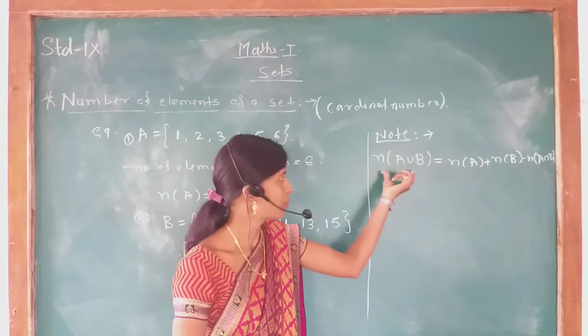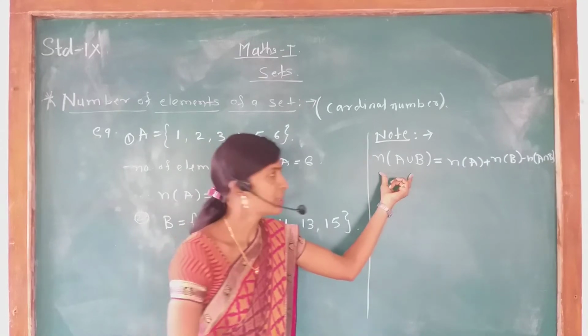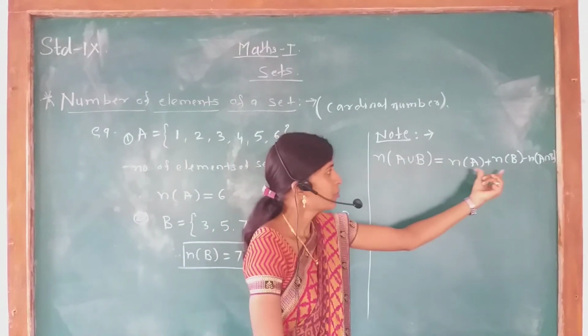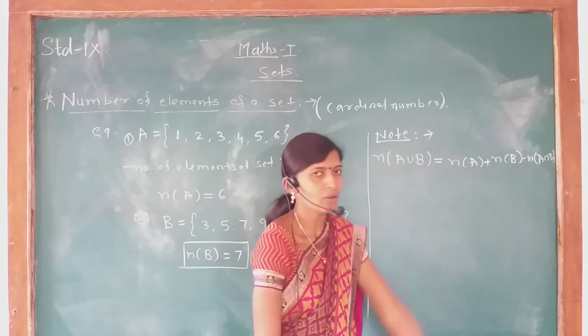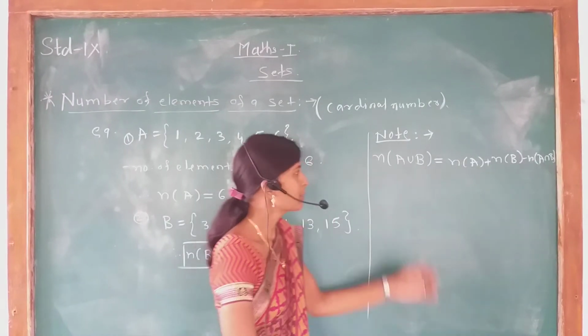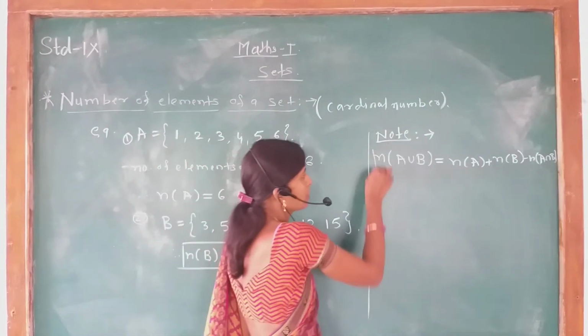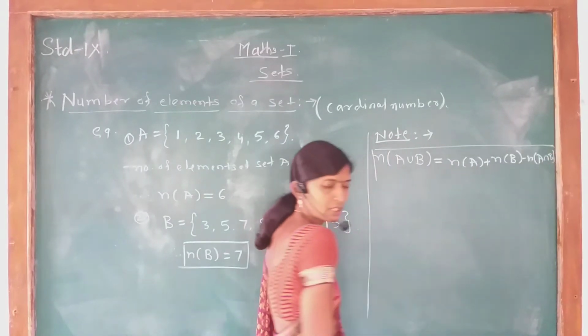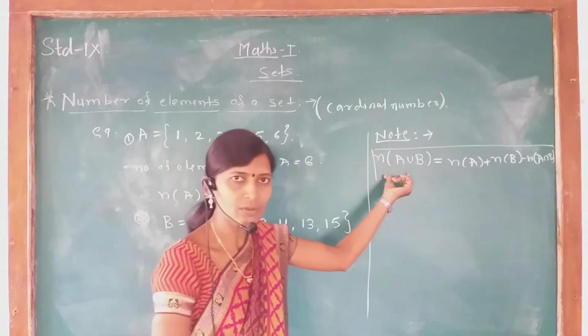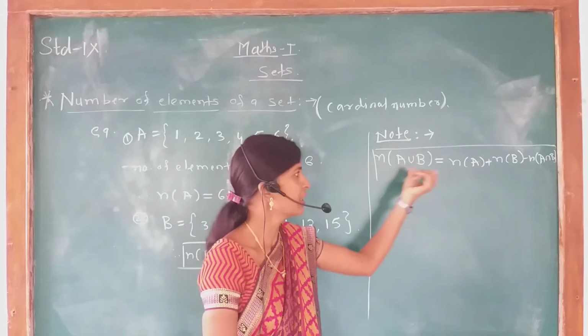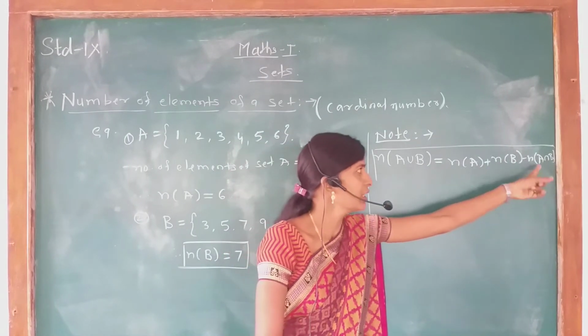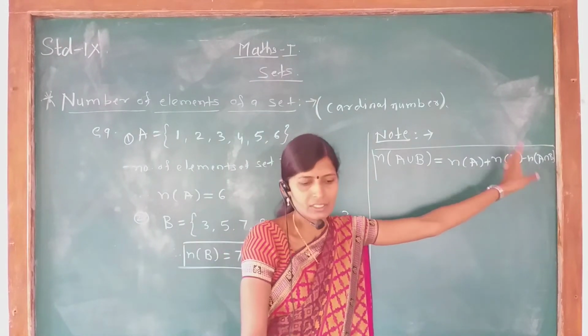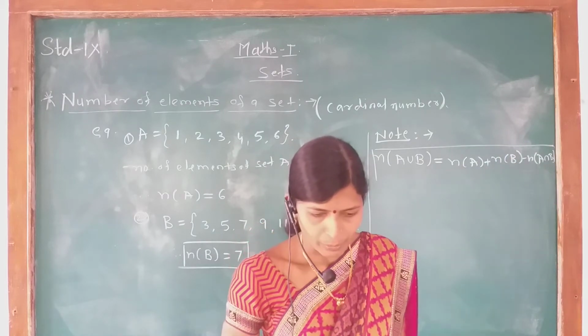Again see properly. n(A union B) is equal to n(A) plus n(B) minus n(A intersection B). You have to use this property to solve the examples. Here first you have to count the number of elements of A union B, then n(A), n(B), and then n(A intersection B).